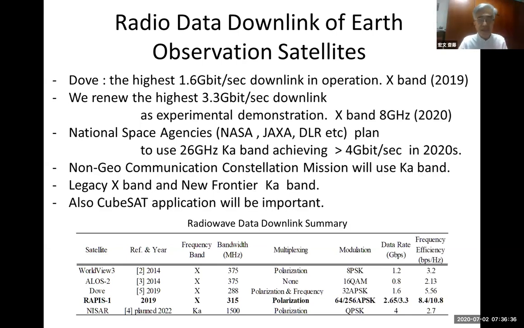Probably in 2 years, the Ka band downlink will be realized. And also, non-geo communication constellation mission will use Ka band.